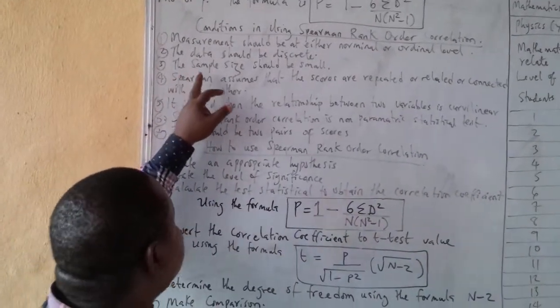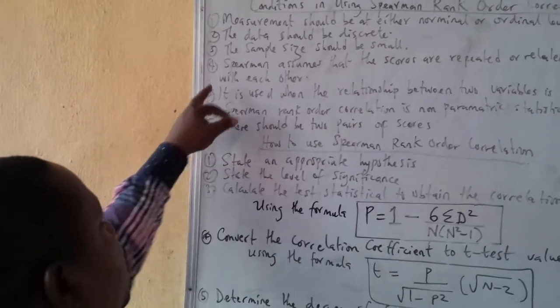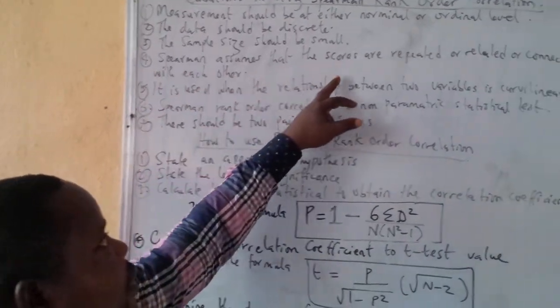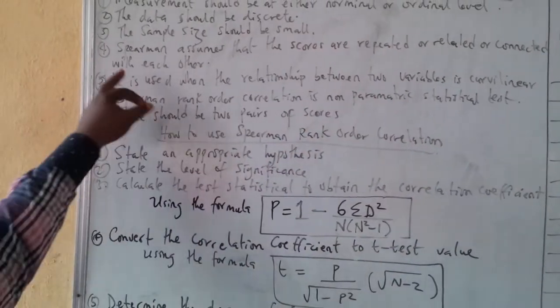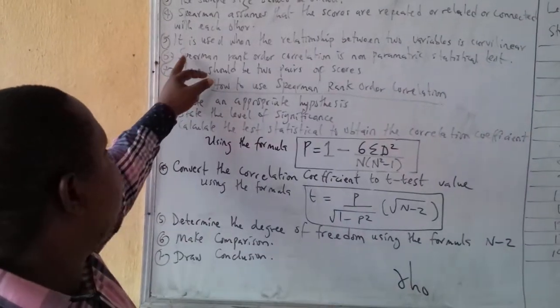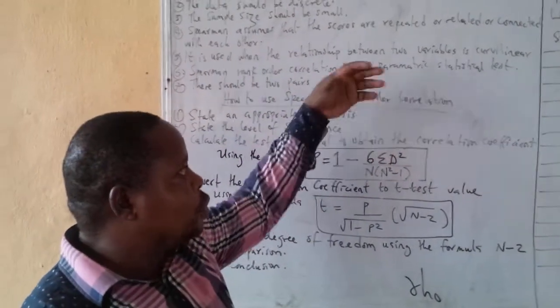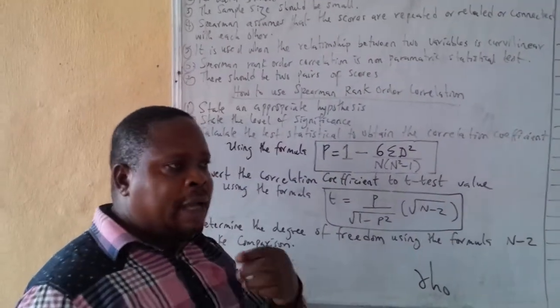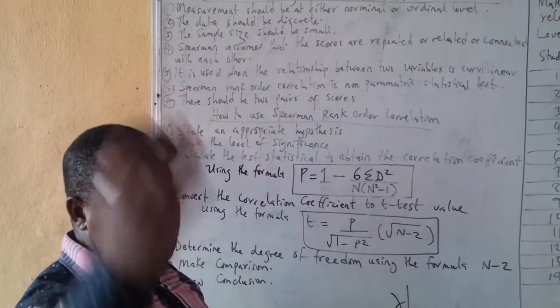And then, number three, the sample size should be small. Number four, Spearman assumes that the scores are repeated or related or connected with each other. That is repeated measurement. Number five, it is used when the relationship between the two variables is curvilinear. Remember that for you to use Pearson, it must be a linear relationship.